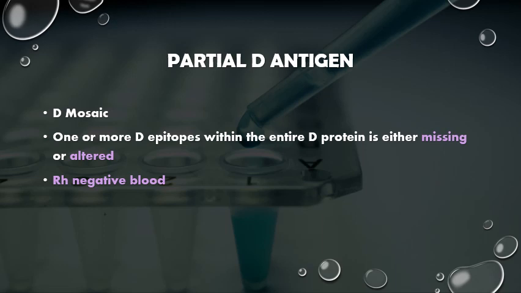These individuals are type D positive and produce anti-D which agglutinates or reacts with all D positive RBCs, but does not affect their own cells. The anti-D produced by these individuals may cause hemolytic disease of the fetus and newborn and transfusion reactions. Rh negative blood should be transfused to these individuals.